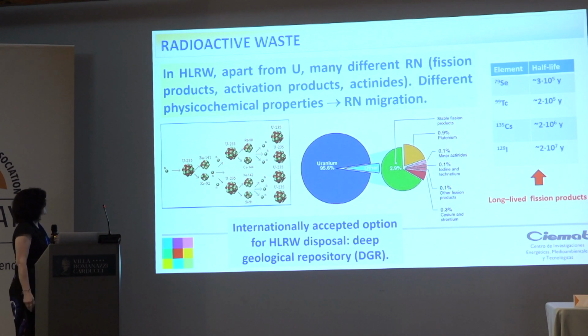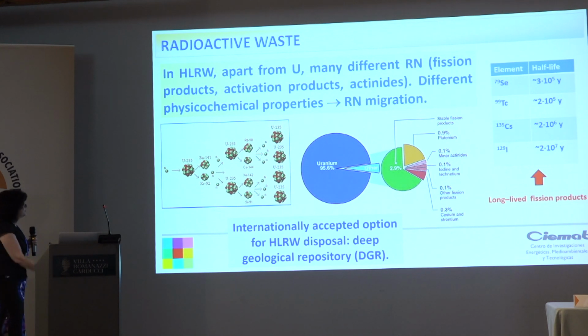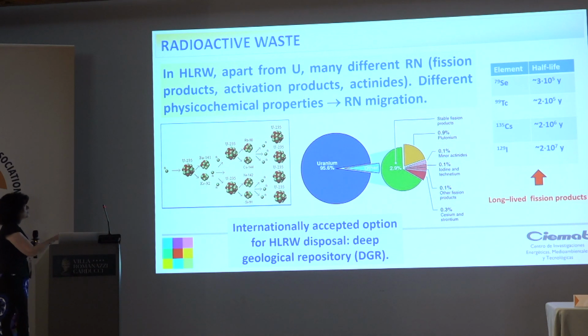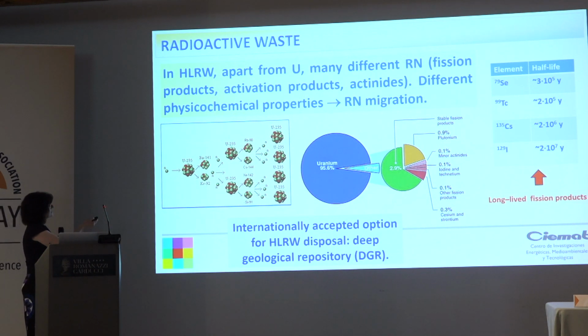In high-level radioactive waste, apart from uranium, due to the fission process, we have many different radionuclides, the fission products obviously, but also activation products and also different actinides in small quantity.